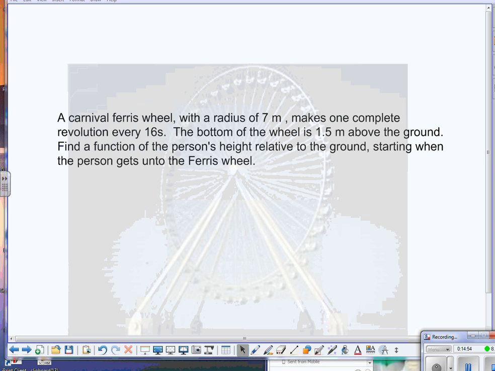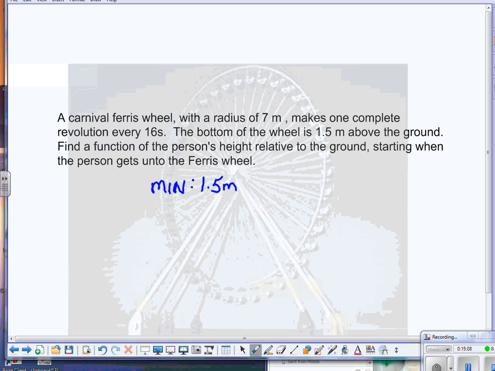So what do we know? We know that the lowest, and I guess this is so people's feet don't get chopped off, is 1.5 meters above the ground. And we know that the Ferris wheel has a radius of 7 meters.